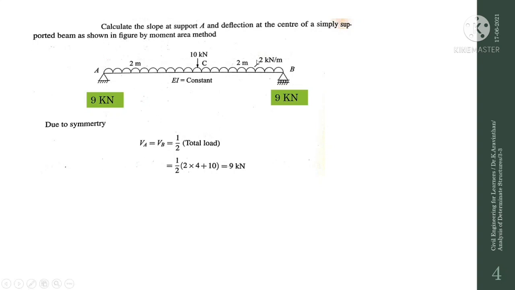So 10 plus 8 will be 18. So the total load will be 18. Since it is symmetric, if you cut this section into 2 halves, you will have the same kind of loading. Hence, you can take 18 divided by 2 as the reaction, so it will be 9. So on both sides you will have 9 kilonewton.